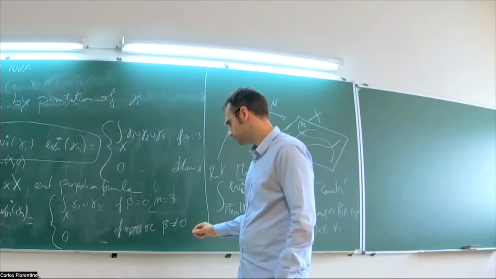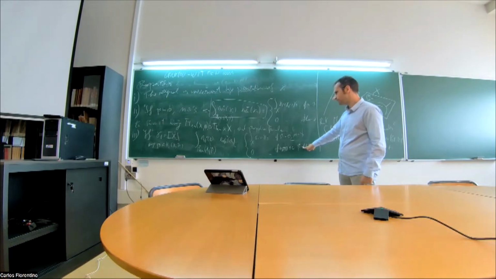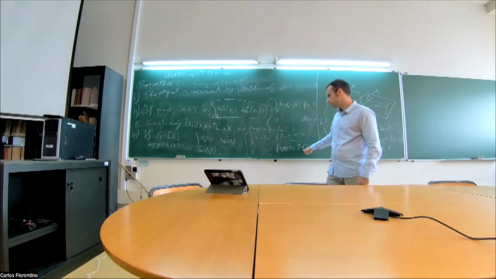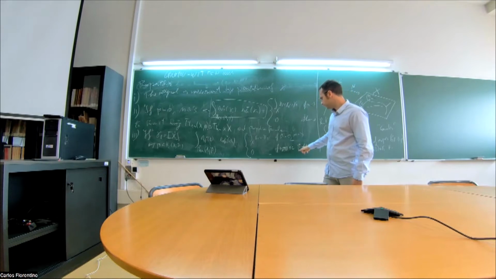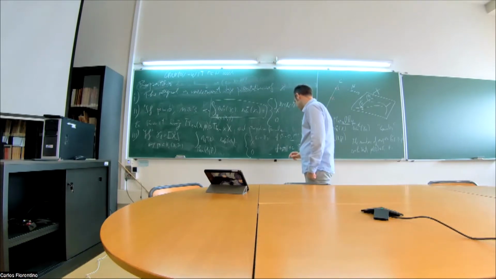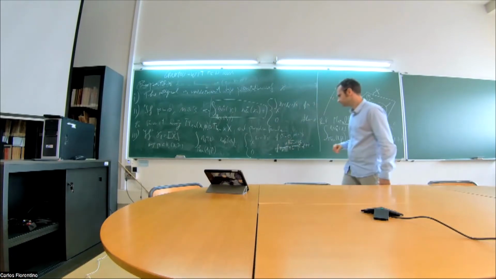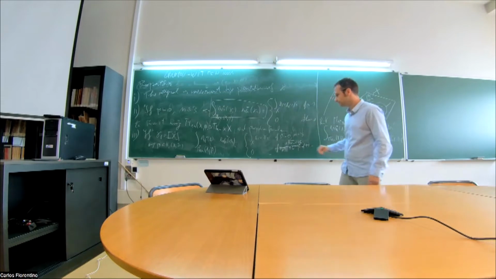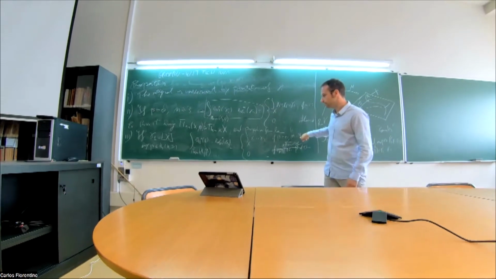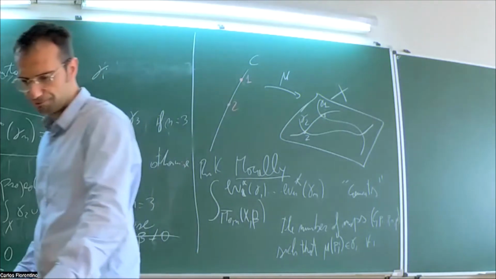I mean, if beta is different from 0, this is automatically 0. Otherwise, when this condition is not true, it's easier, it's always okay.